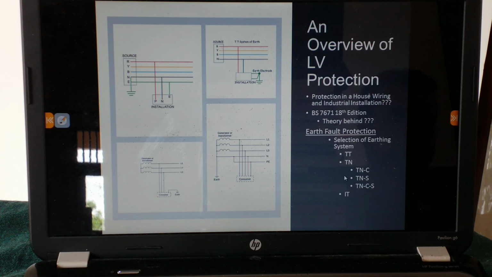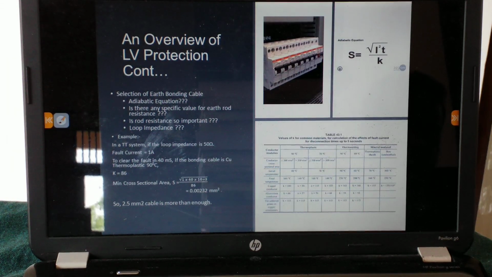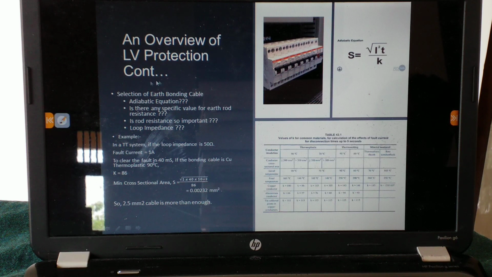Almost all the time this is a very safe system, but it deals with very high current. In TT, it deals with very low current. So we have to select the earth bonding cable based on your protection system, the earth fault protection system.